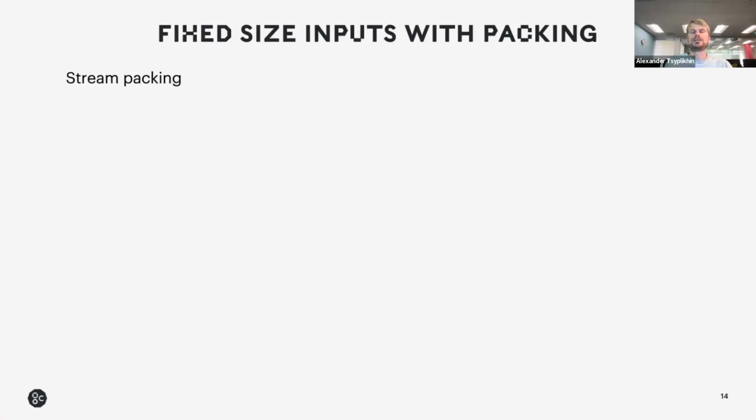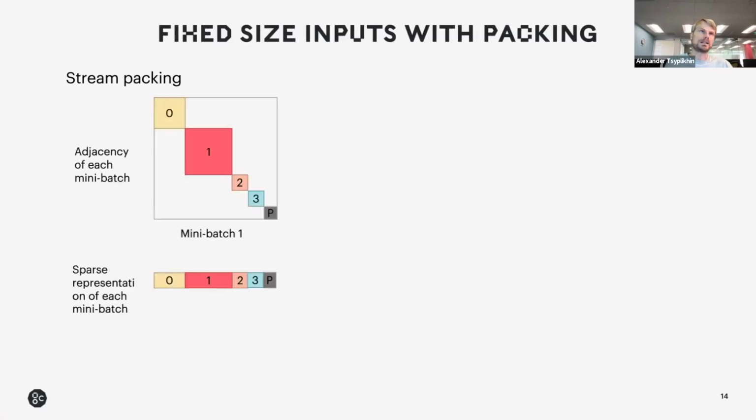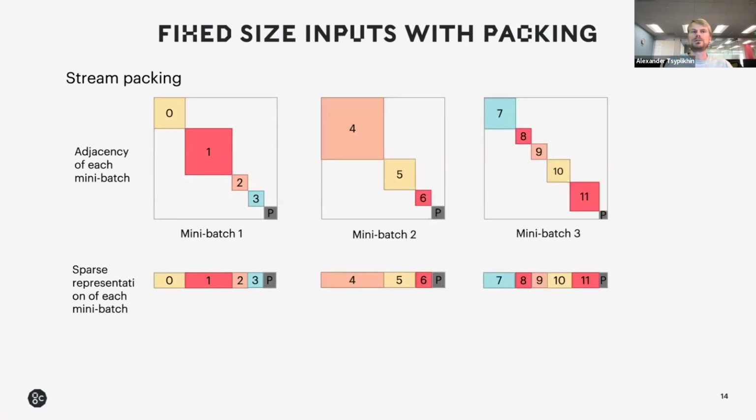Another technique that aims to improve the efficiency of the computations and reduce the size of the padding graphs is called packing, and it enables mini batches to be different sizes, up to a certain maximum size of the adjacency matrix as shown here. For example, for smaller graphs, as in mini batch 1, we are able to fit 4 molecules in a mini batch.